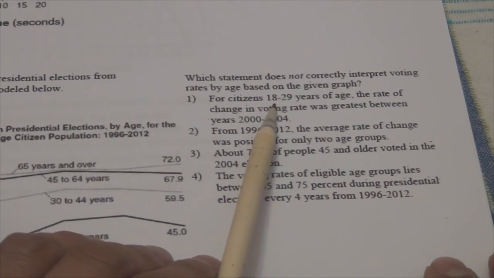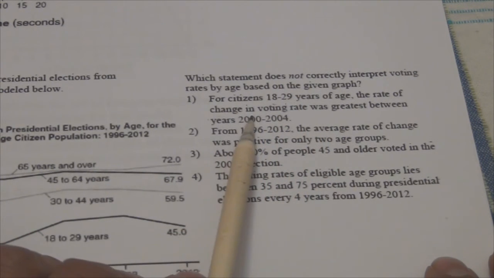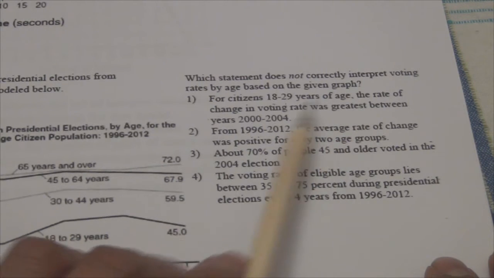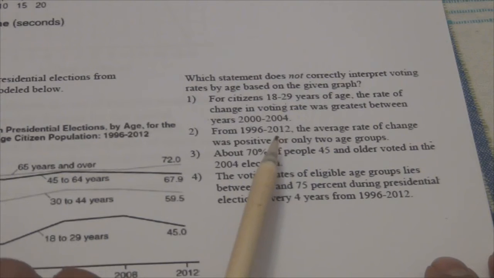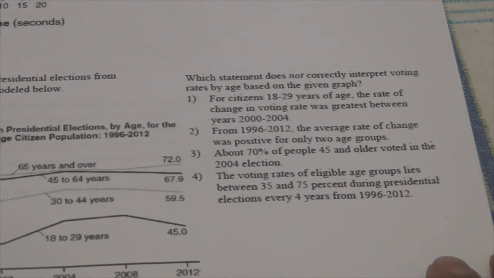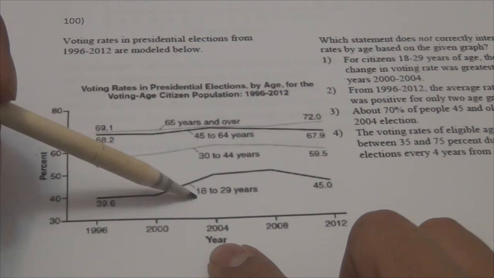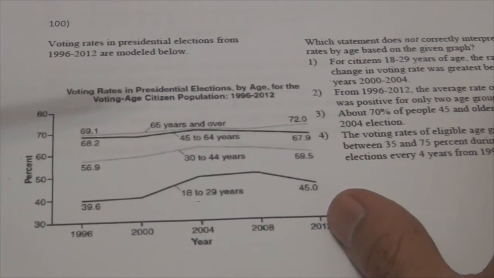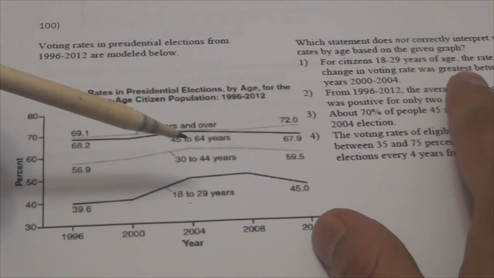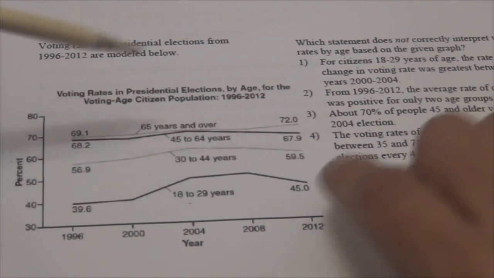For citizens 18 to 29 years of age, the rate of change in voting rate was greatest between years 2000 and 2004. So that's what the first choice said. So they have the greatest average rate of change 2000 to 2004.